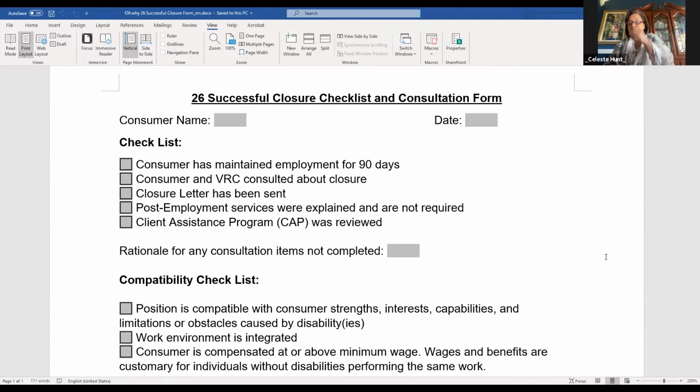By the 90th day, we will do a closure progress review that states that they continue to work at this position, talk about work environment, talk about their wages, if they are still earning the same amount, or after 90 days, if they're going to receive a $2 or $3 raise, et cetera. I document that, and all that's in that last progress review before we close it.